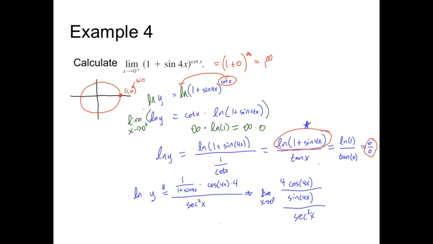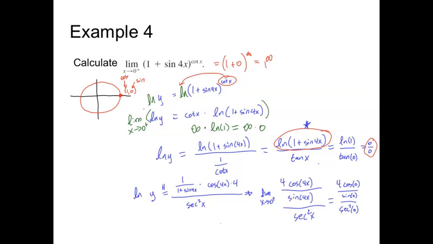All right, so if I do a direct substitution now, what we end up with is 4 cosine of 0 over 1 plus sine of 0 over secant squared of 0. Looking back at our unit circle, we know that cosine of 0 is 1 and sine of 0 is 0.